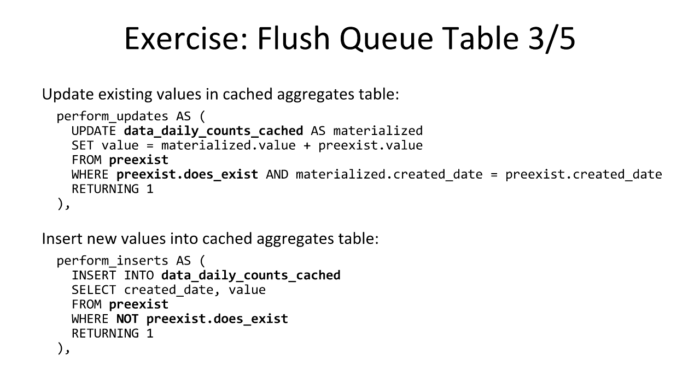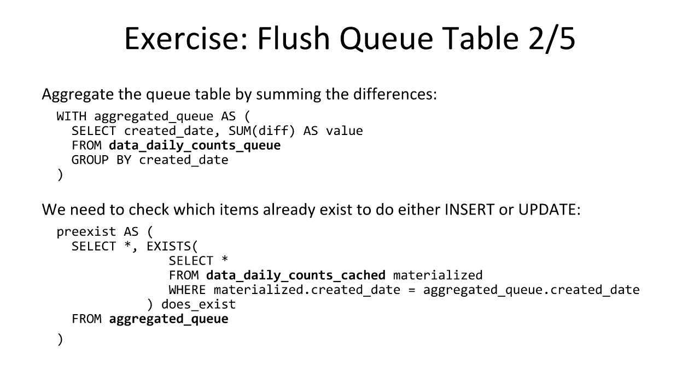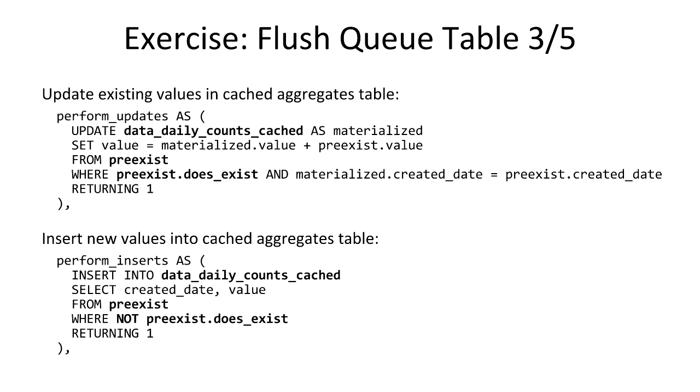With that, we now know which rows are already in the materialized table and which are not. So we can say, update all the rows in the materialized table, set the value to the existing value plus all the changes that have been pending, and do so from the row that we have from this table here, and only update the ones where we know that they exist.